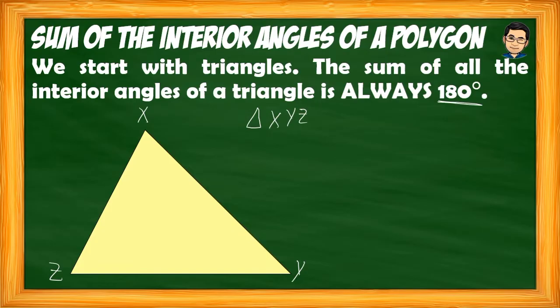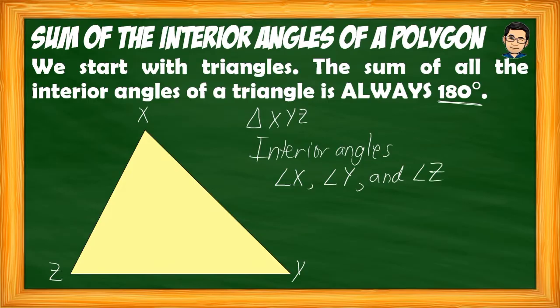So, yung mga interior angles ng ating triangle ay angle X, angle Y, and angle Z. Lagyan natin ng marking para mas halatang angle sila. Paano natin isusulat yung sum ng interior angles nila?